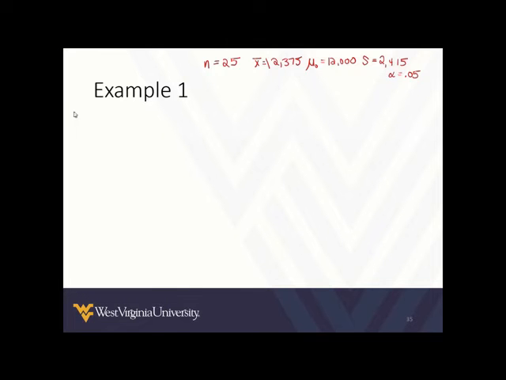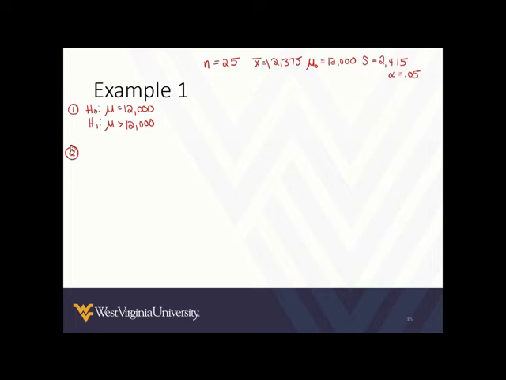So setting it up, we were asked to find if the gas mileage was greater than. So our null hypothesis would be mu equals 12,000, and then our alternative would be mu is greater than 12,000, because we want to see if the gas mileage is greater than the stated average of the 12,000 miles.